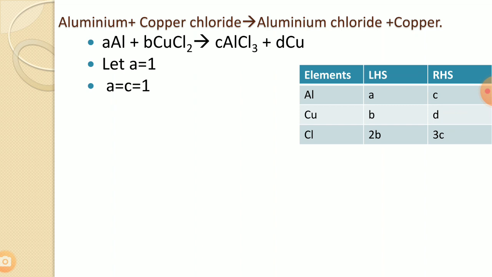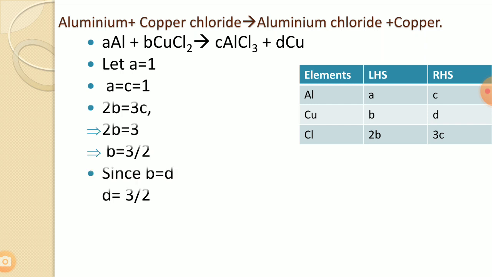Now we have to assume any one of the coefficients A, B, C or D as 1. Let us take A equals to 1. If A equals to 1, C is also equal to 1. And 2B equals to 3C. It means B equals to 3 by 2. Since B equals to D, D is also equal to 3 by 2.